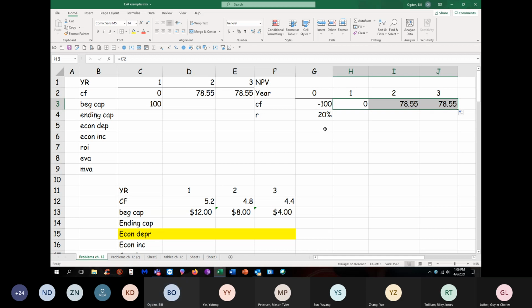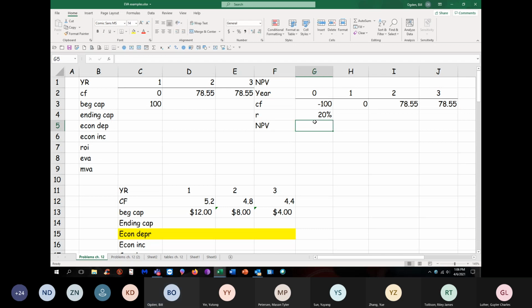I'll let you catch up. So you have this set up this way. You wouldn't even have to do this, actually. You could just use the numbers over here, but this is what it would look like if we were doing an NPV. So now let's do an NPV.